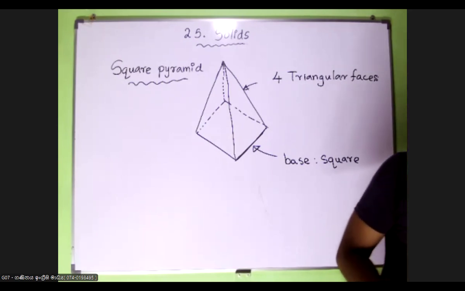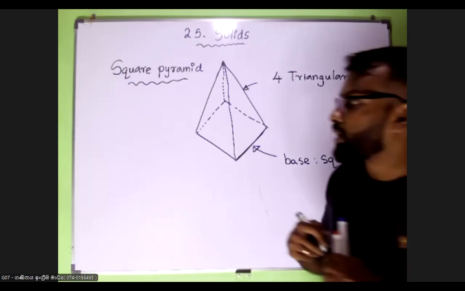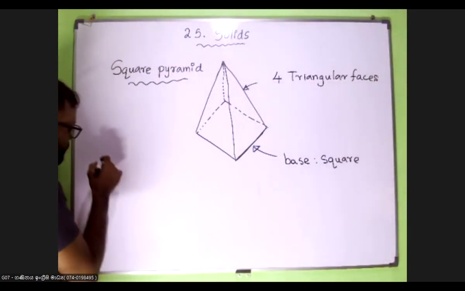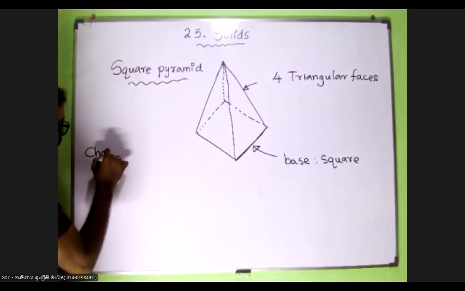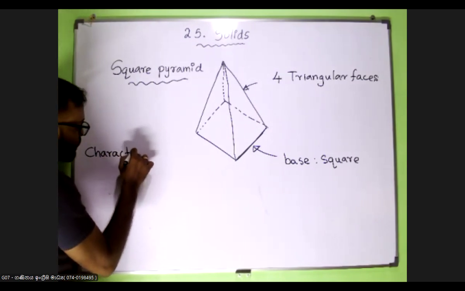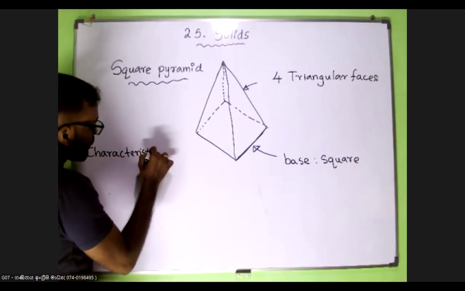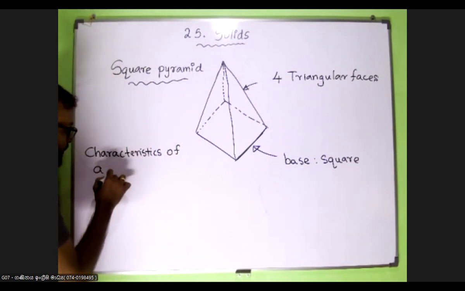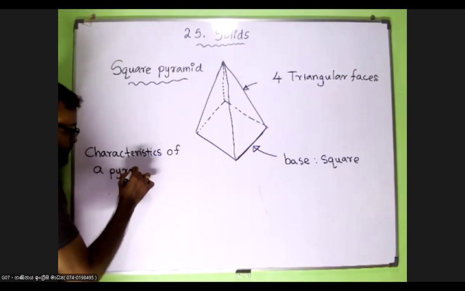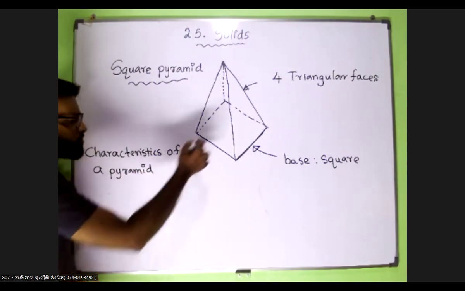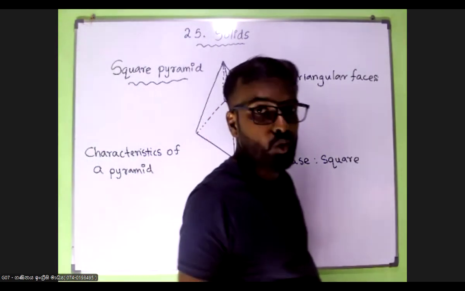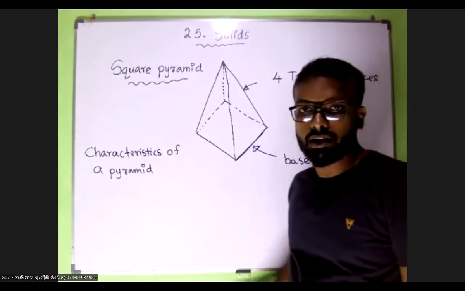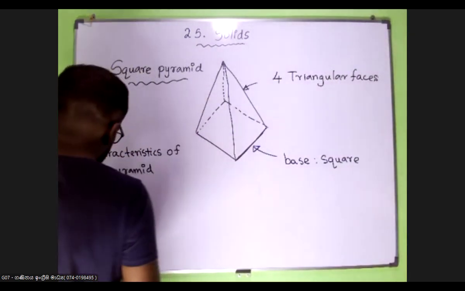Right. Characteristics of a pyramid. So now I am going to discuss the characteristics of a pyramid. You know already, we have discussed 2 of them now. So what is the first one?